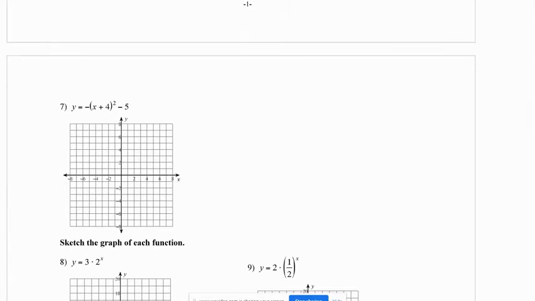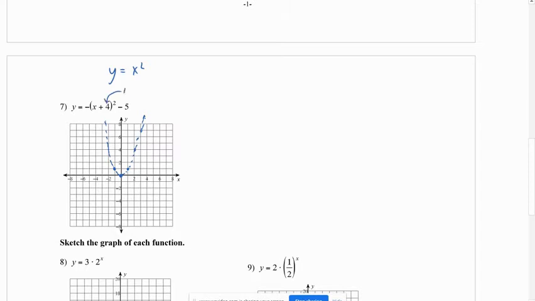Problem number 7 is very similar. We're going to start with our parent graph of y equals x squared. Okay, and now what's going to happen, we've got 3 things happening to this transformation.